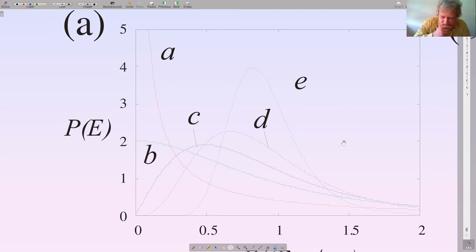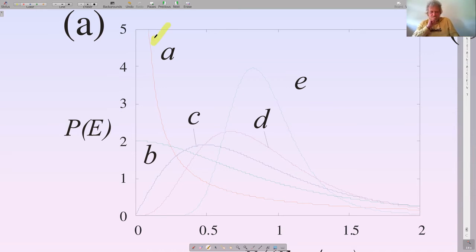Right. If the coupling to the environment is weak, resistance is small in units of the resistance quantum. Let us see where we are then. We are here.